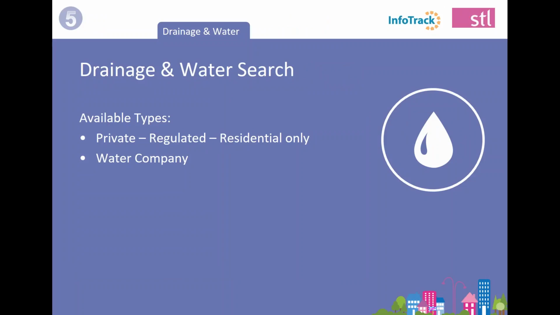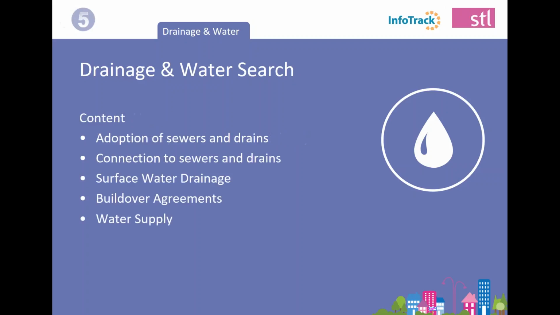So the second required search is the drainage and water, which again can be a private regulated search or the official Con 29 water company search. Both of those will give you adoption of sewers, connection, surface water drainage, build over agreements, water supply, that sort of thing.